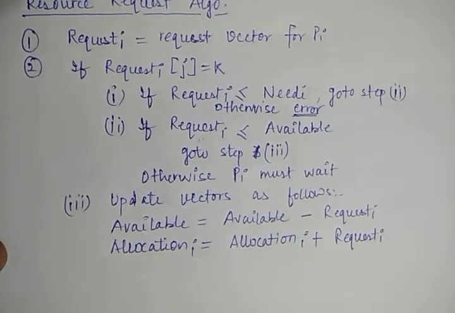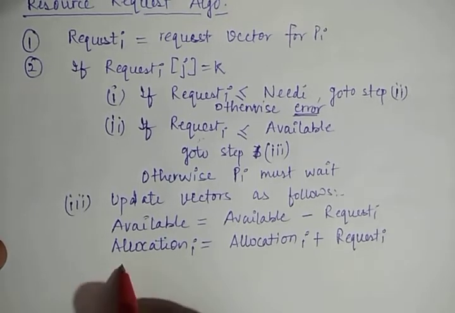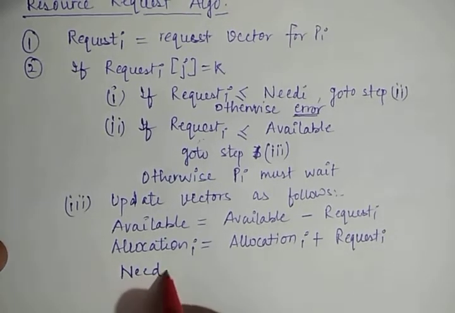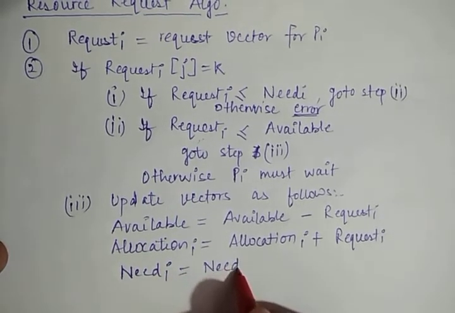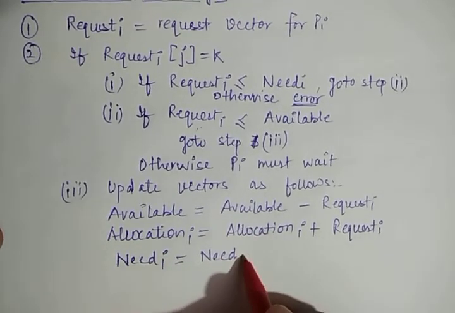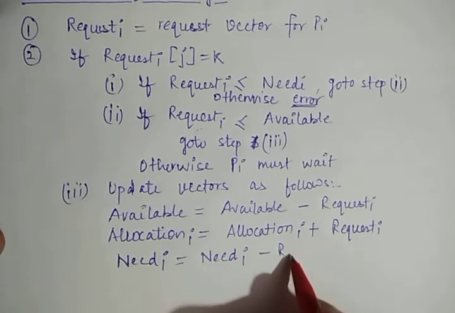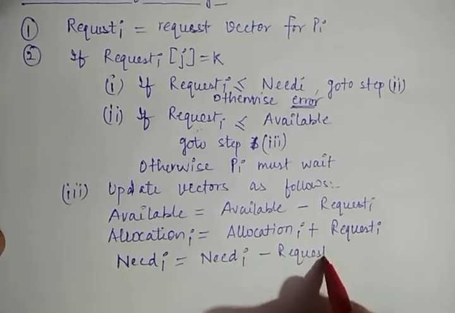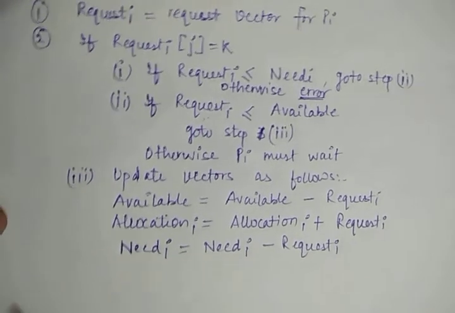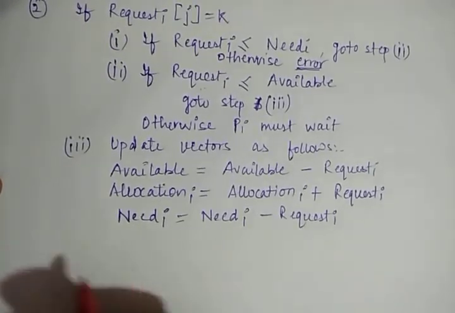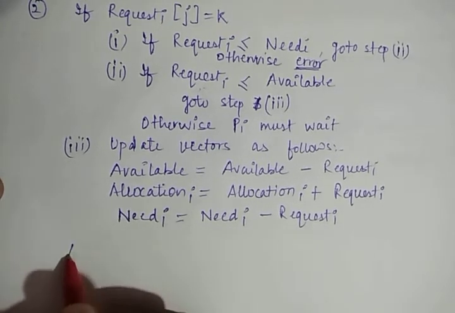And as it has requested new resources, its need will be decreased. So Need of i will be equal to Need of i minus Request of i.